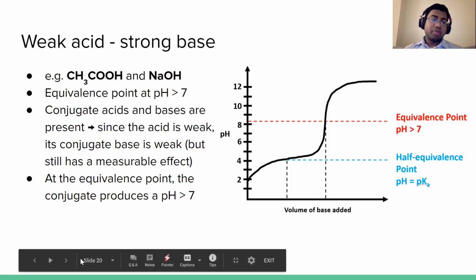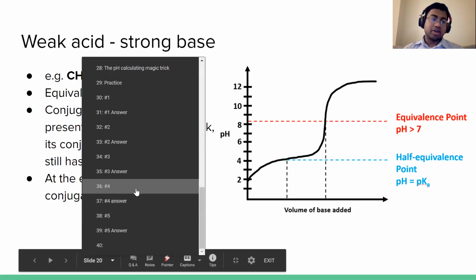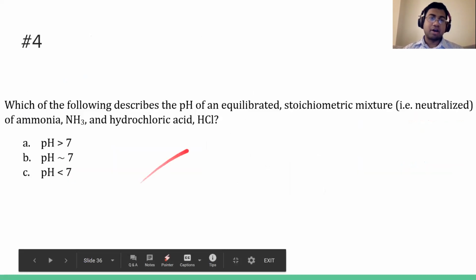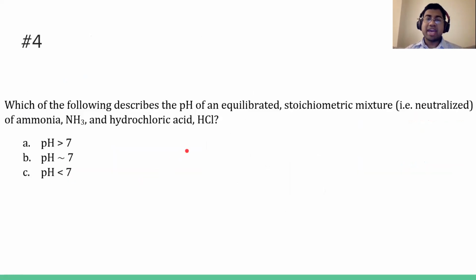Now we go back to this question, it's pretty much just flipping it around. Now you have a weak base being titrated by a strong acid. At the equivalence point, all you have is Cl minus, which does nothing, water, which does nothing, and you have NH4 plus.